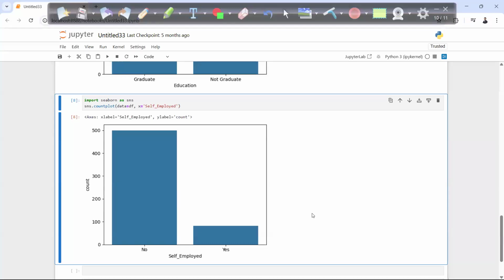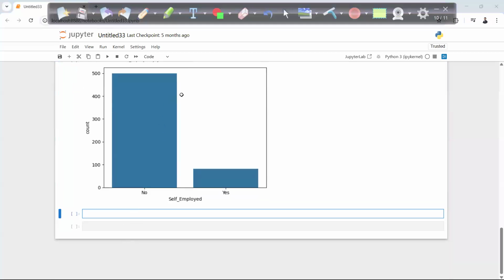Self-employed means yes, and no means those who are in the jobs, right? So do we have more businessmen as customers or do we have more people with jobs as customers? What do you think? More people with jobs, right? Perfect. So that is the insight which I can get from here.